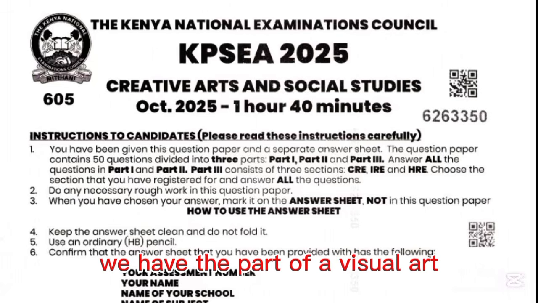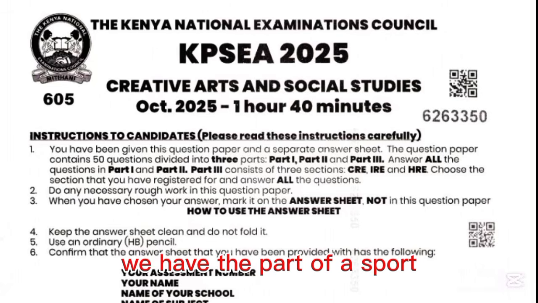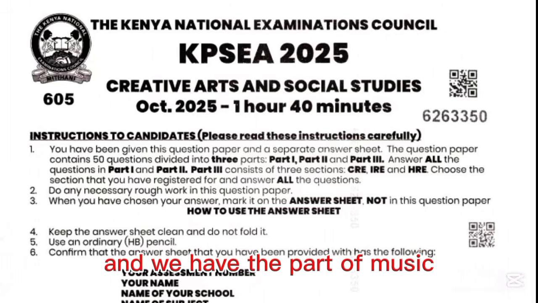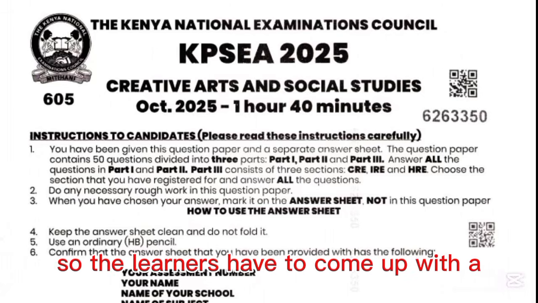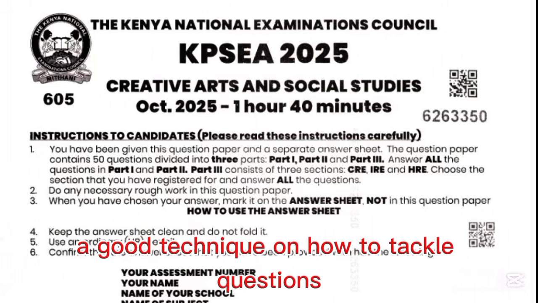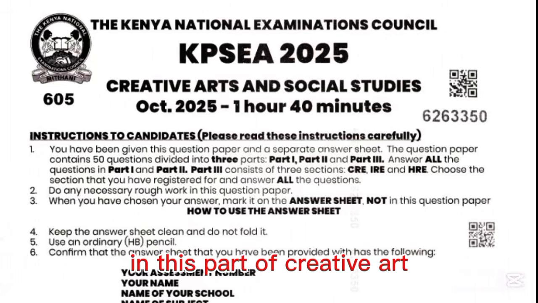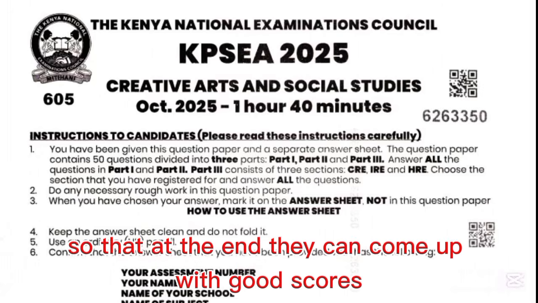We have the part of visual art, we have the part of sport, and we have the part of music. So the learners have to come up with a good technique on how to tackle questions in this part of creative art so that at the end they can come up with good scores.